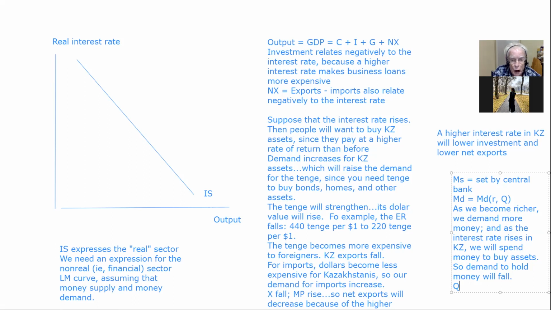There is a positive impact of output on the demand to hold money, and a negative impact in terms of the real interest rate. Okay, so far?